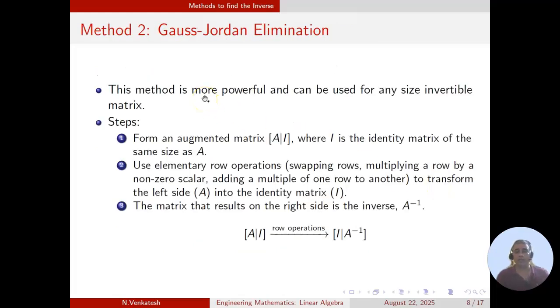And there is another method for calculating A inverse, that is Gauss-Jordan elimination.